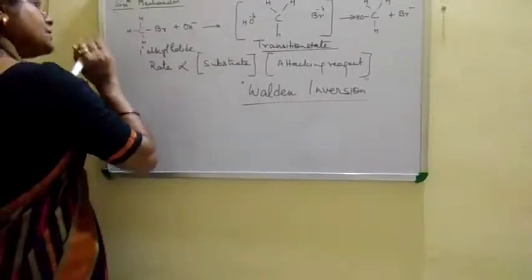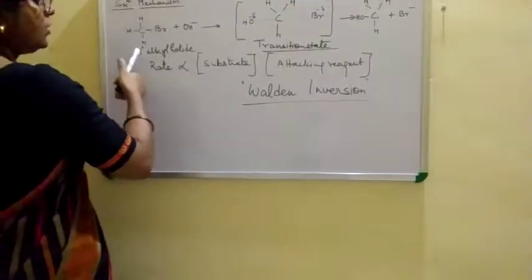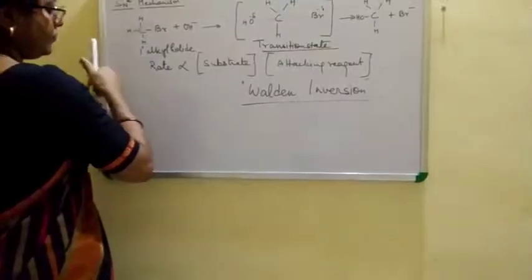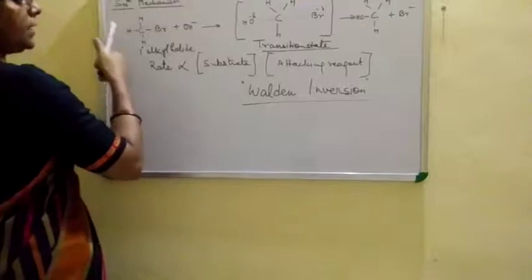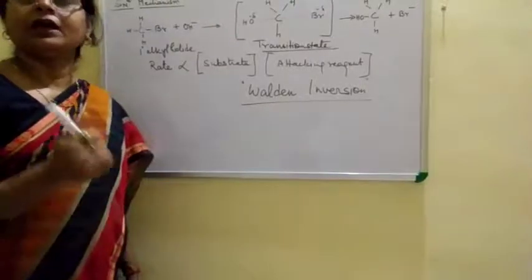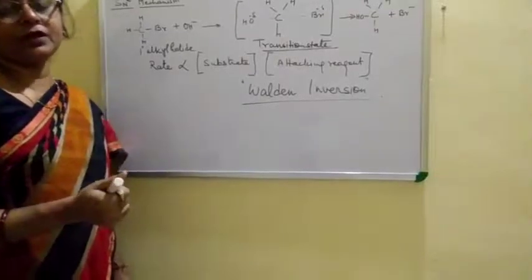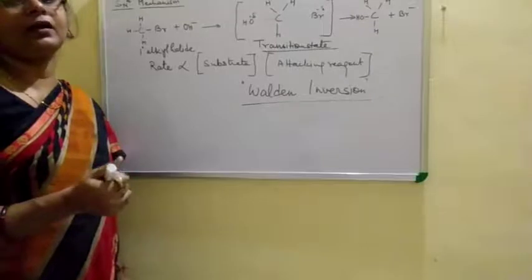The SN2 reaction mechanism takes place generally in primary alkyl halides, and the SN1 reaction mechanism takes place in tertiary butyl alkyl halides.